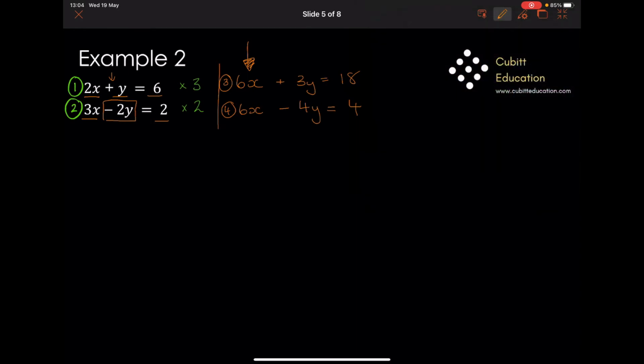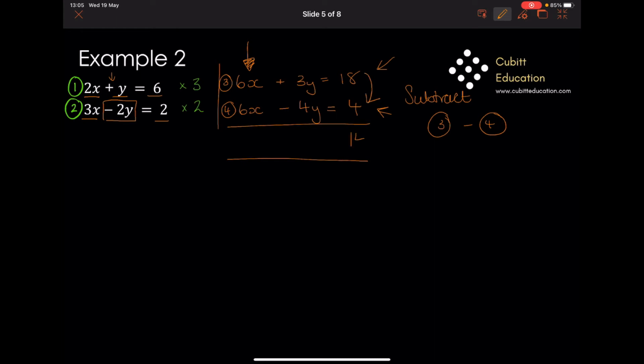Now, because these coefficients are the same, I'm going to subtract. If I take equation 4 from equation 3, it will get rid of 6x, it will eliminate it. So I'm going to do 3 take away 4. Let's do it the same way as we did before, and start here. 18 take away 4 is 14.